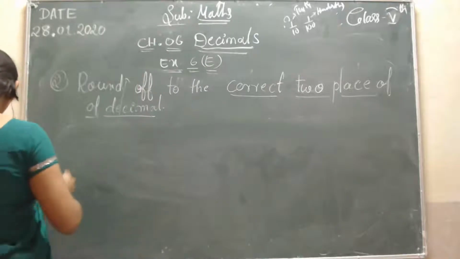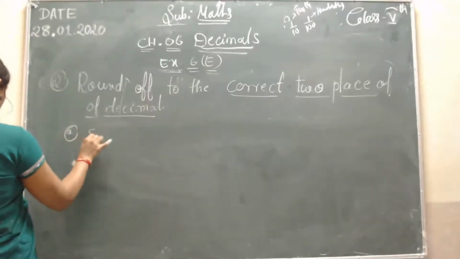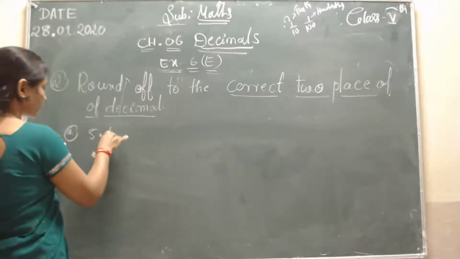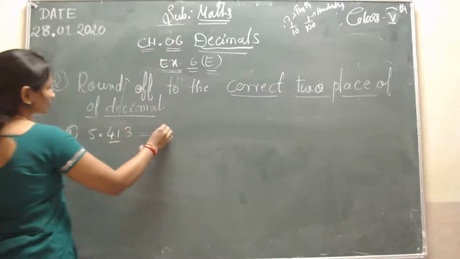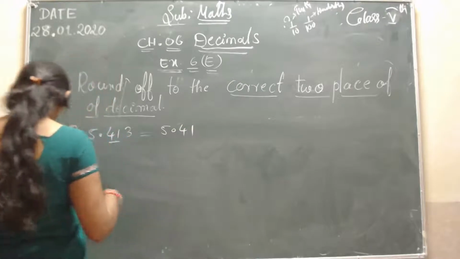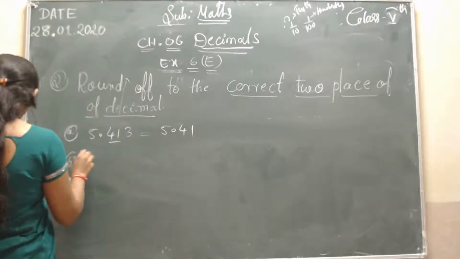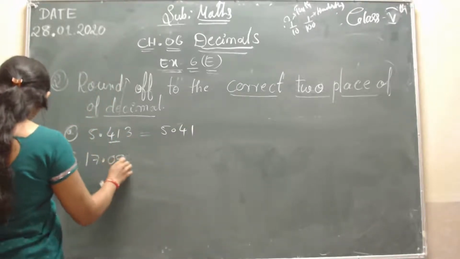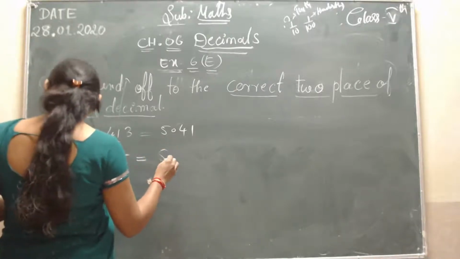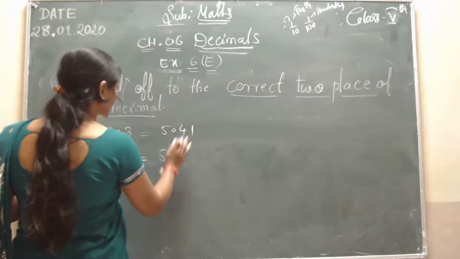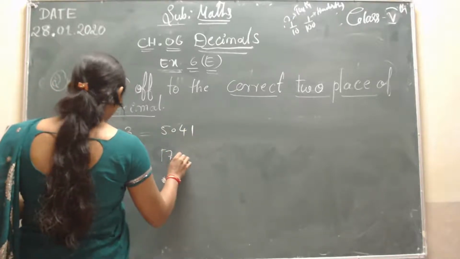So question C, 5.413. So you have to write 2 places, students. 5.413. Next is B, 17.095. You have to write 17.10.